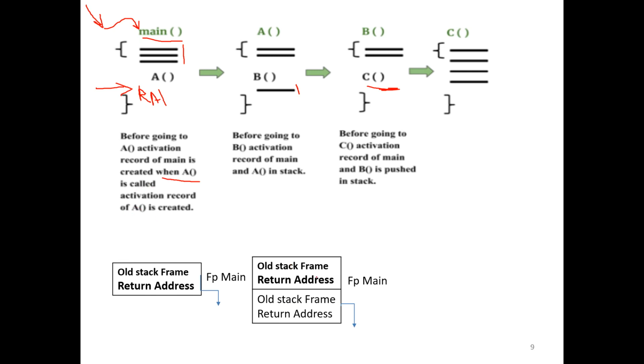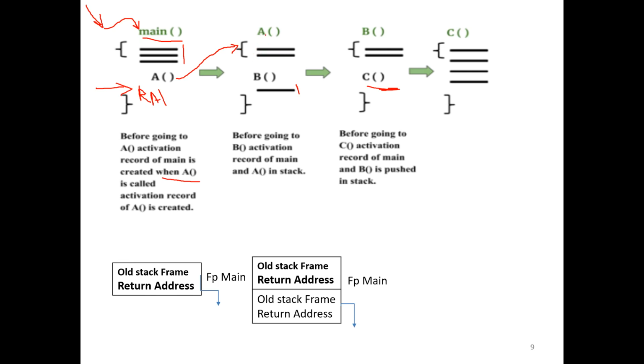This is the status of the system stack frame when main calls function A. Okay, the same way it goes. A is now here. The control enters function A. There are so many statements, local variables, parameters.